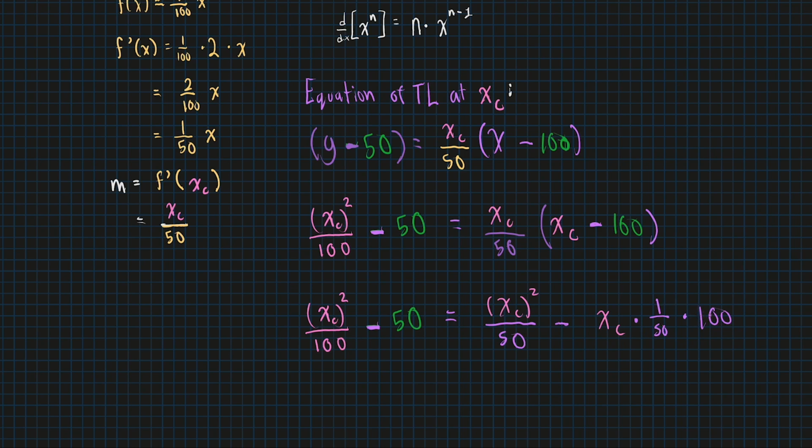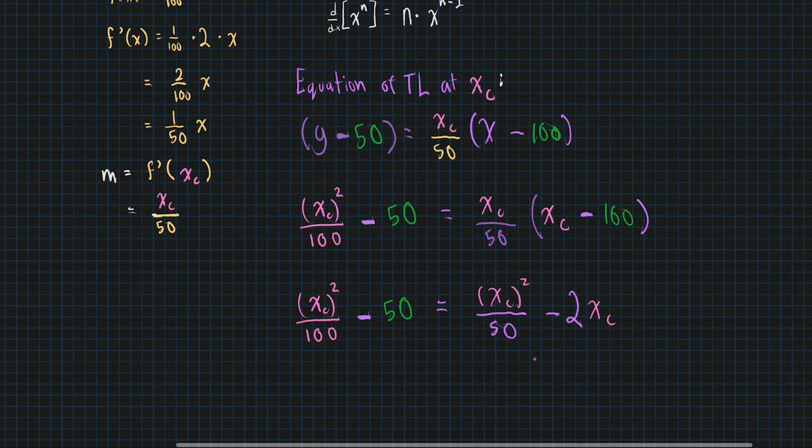So we just multiply 100 by 1 over 50. So that's basically 100 divided by 50, which is just 2, right? I don't know about you, but I always like putting the constants in front of the variable. So I'm going to put the 2 out here. So I just distributed this x sub c over 50 to x sub c. There's our term right there. And negative 100. All right, next step.